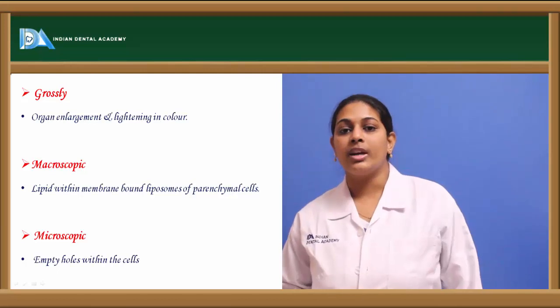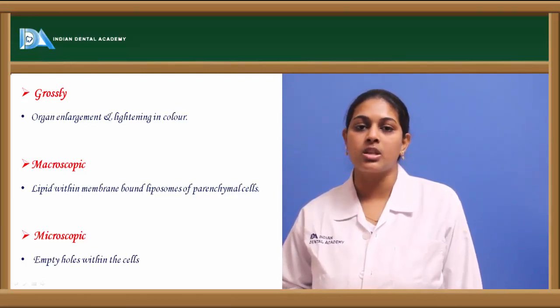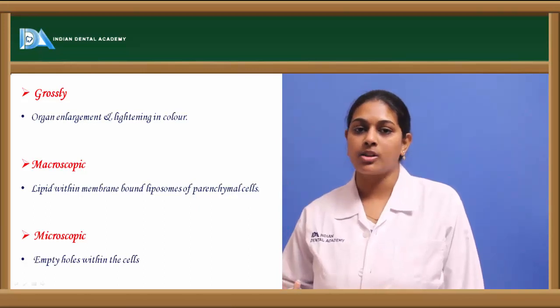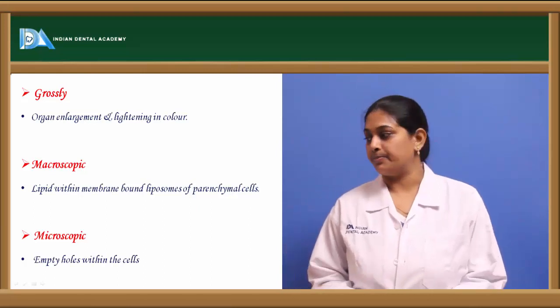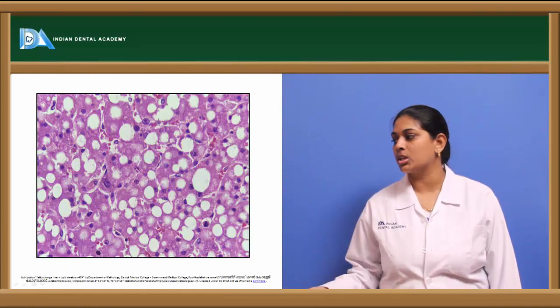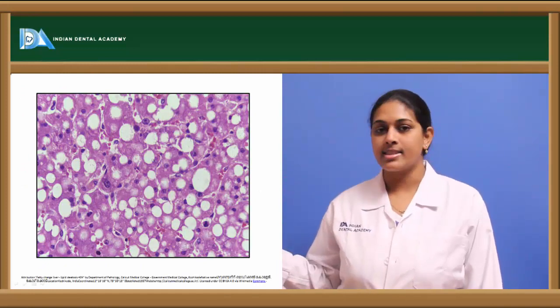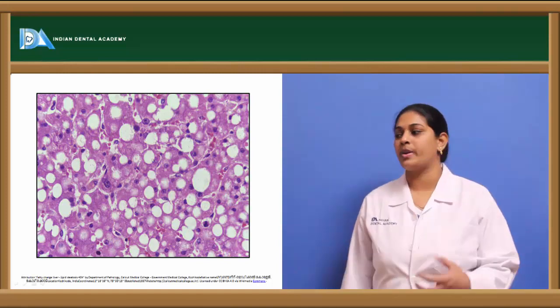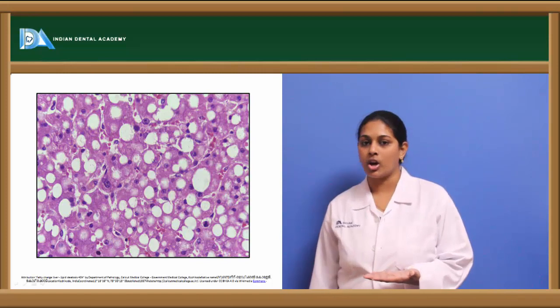When we use certain lipid retention molecules or liquids in histopathological processing, there are chances for this lipid to be retained. So there is a histopathological picture, a hematoxylin eosin stain picture, where the white spaces, that is the empty spaces, indicate that the lipid was present but was lost during the histopathological processing.